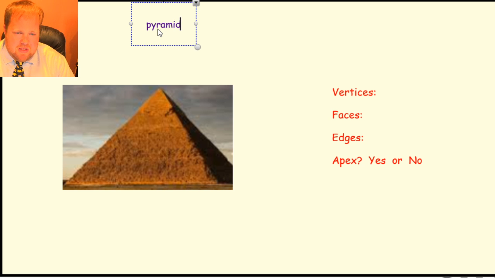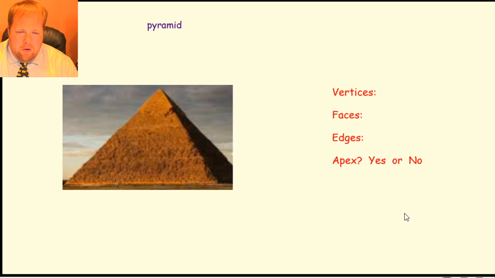Oh my goodness, Mr. Frost. Pyramid. Okay, how many vertices does it have? It depends on how many faces it has. So it looks like this is a 3-sided pyramid.